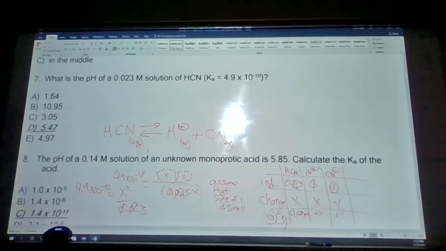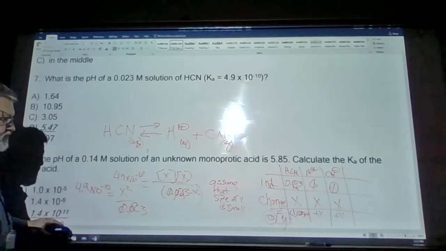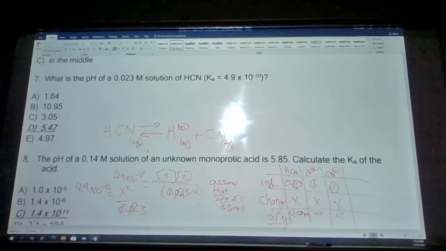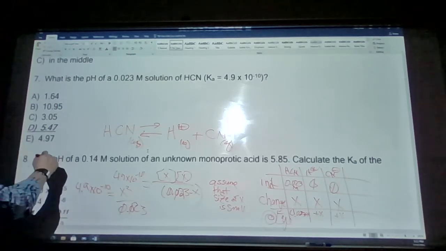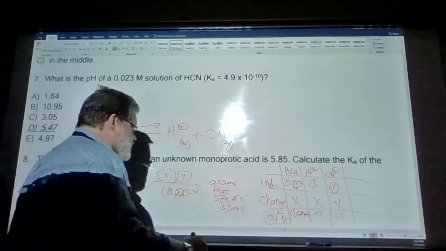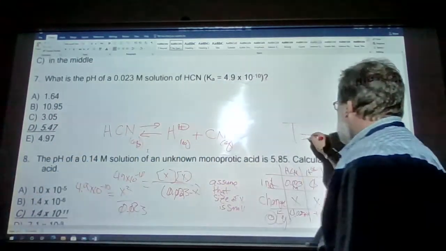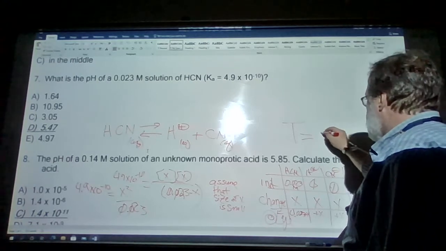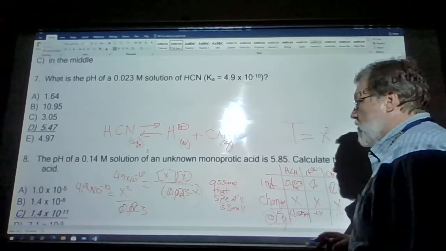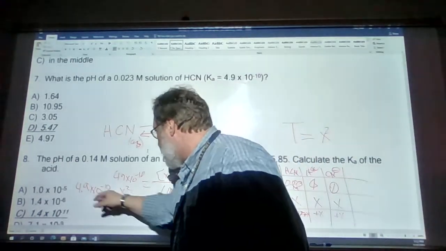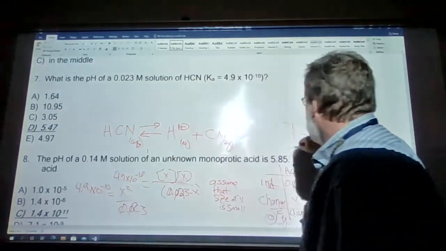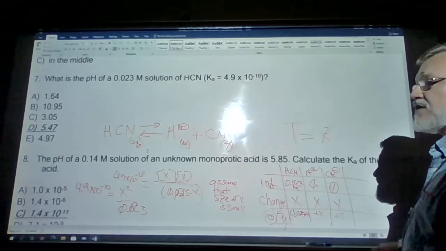So we multiply this all out. We have 0.023 times 4.9 times 10 to the minus 10th. This value I will call T, is equal to X squared.